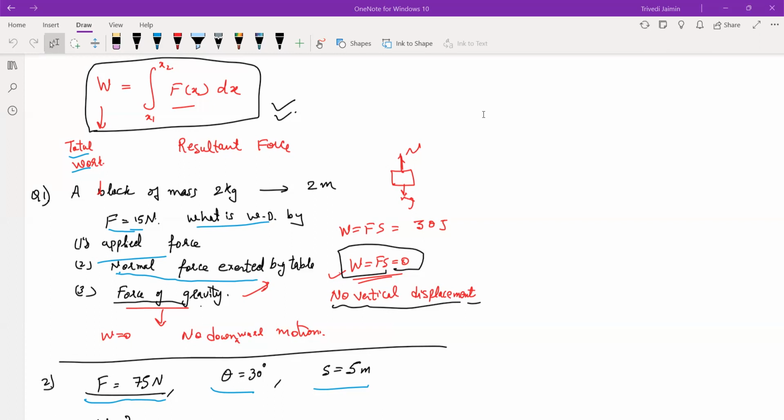What is cos 30? Root 3 by 2. And 75 into 5 into root 3 by 2, how much?